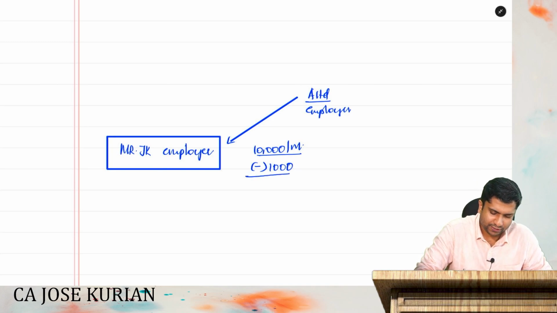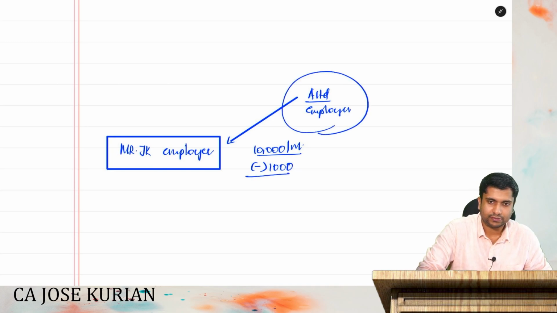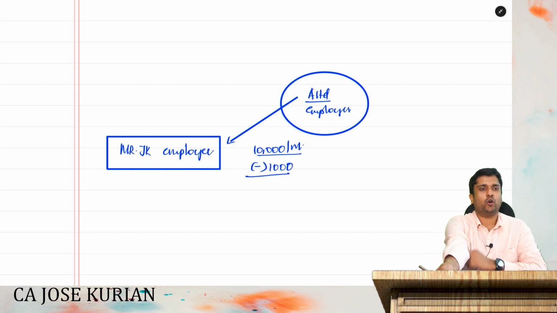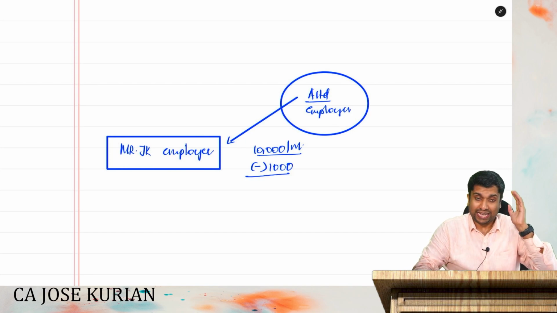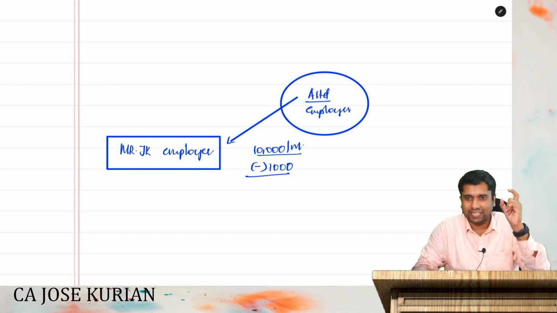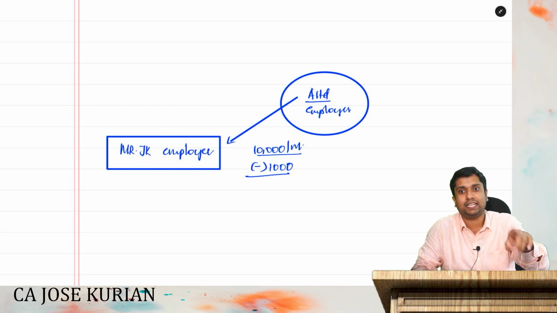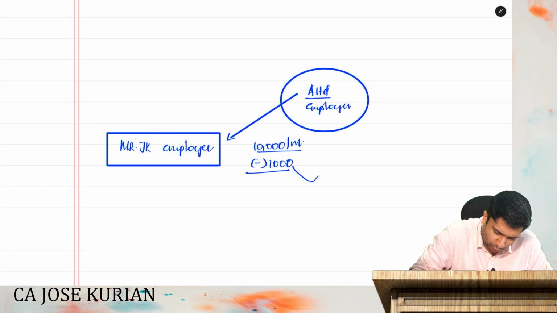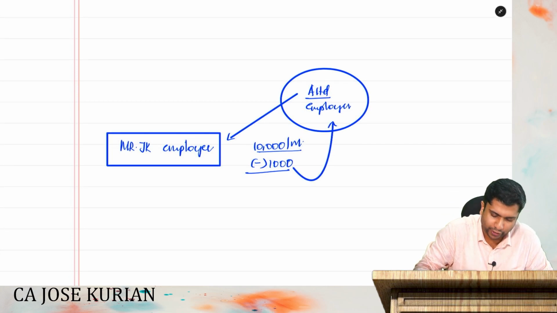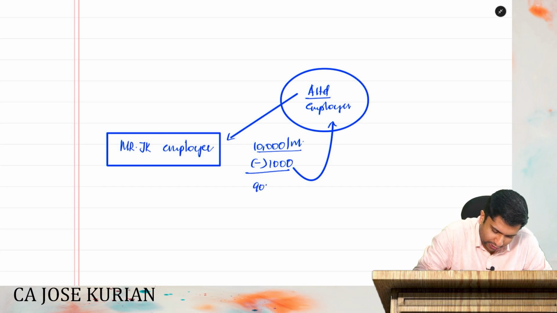This 1,000 rupees will be deducted by A Limited. That's how it works. JK does not have to go and deposit to the Provident Fund. Employer, while paying the monthly salary, will cut the employee's portion from his monthly salary. So JK's portion of 1,000 will be deducted by the employer from his monthly salary.